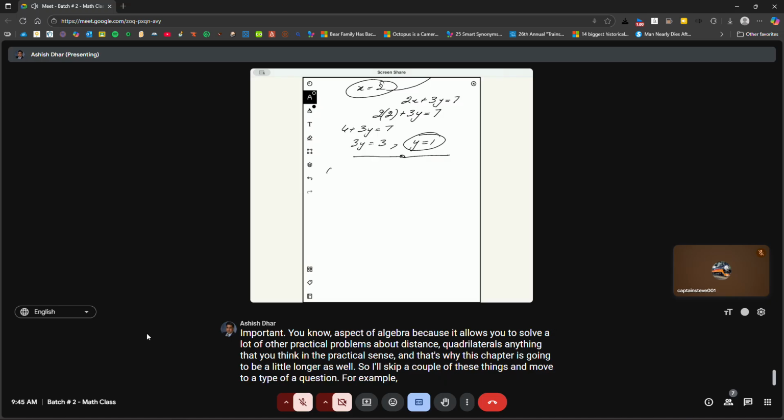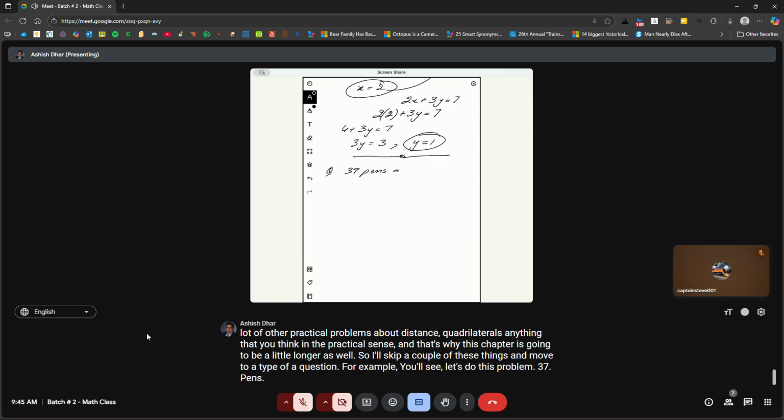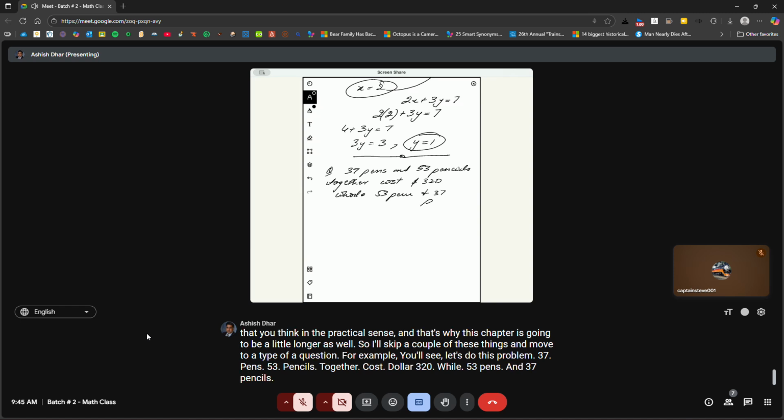For example, let's do this problem. 37 pens and 53 pencils together cost $320, while 53 pens and 37 pencils cost $400.